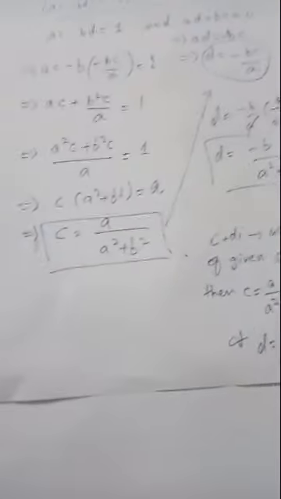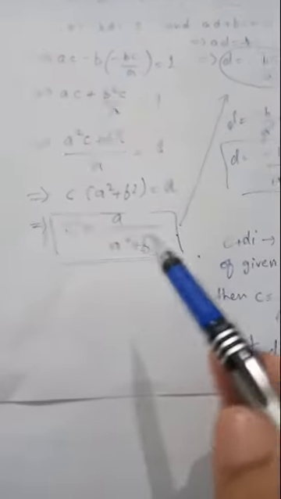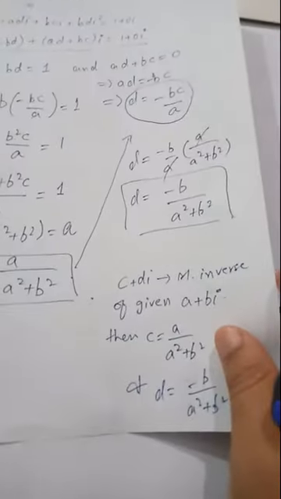So in short, for the multiplicative inverse, we say that c plus d iota is the multiplicative inverse for a plus b iota. This implies that c is equal to a by a square plus b square, and d is equal to minus b by a square plus b square.